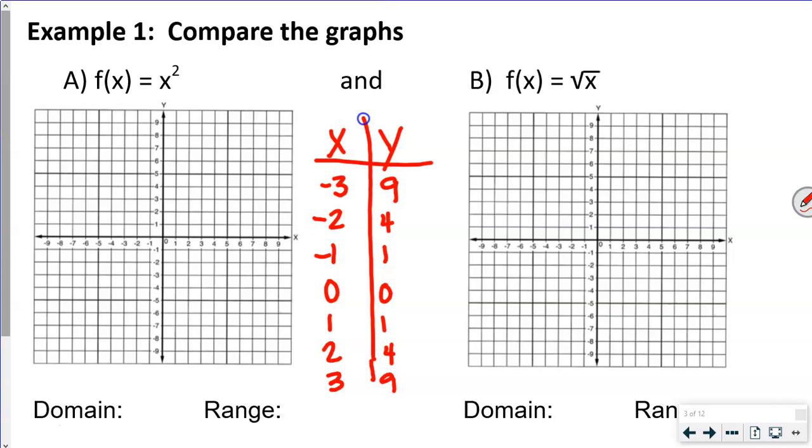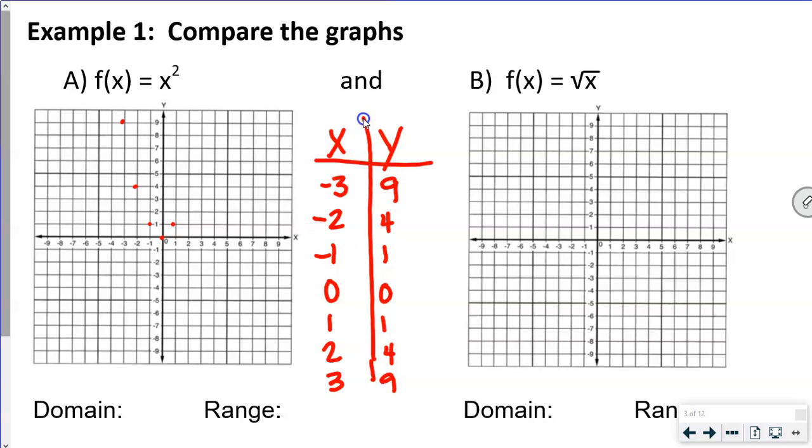So we're going to go ahead and now plot these. So we've got -3, 9 right there. I guess I need to calibrate my thing. So then we've got -2, 4 right there. And then we got -1, 1 right there. And then we got 0, 0. Then we've got 1.